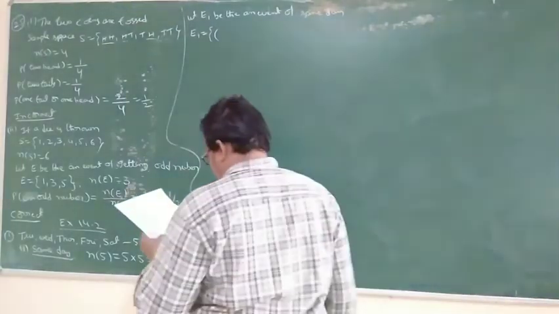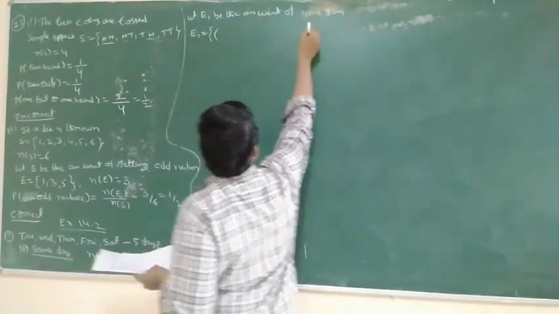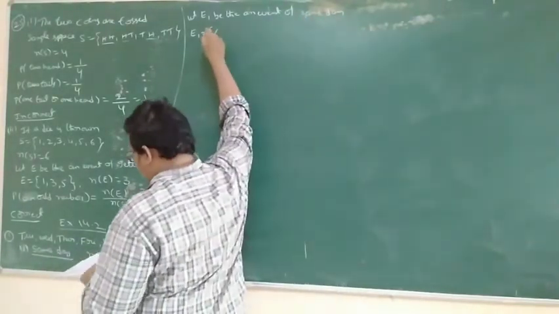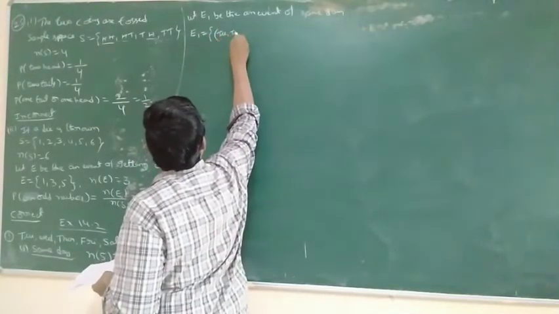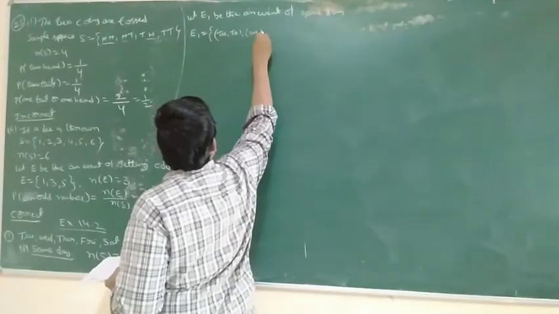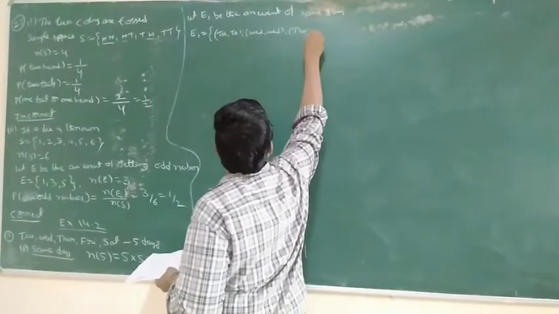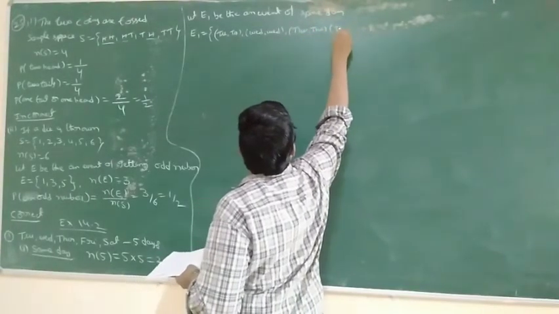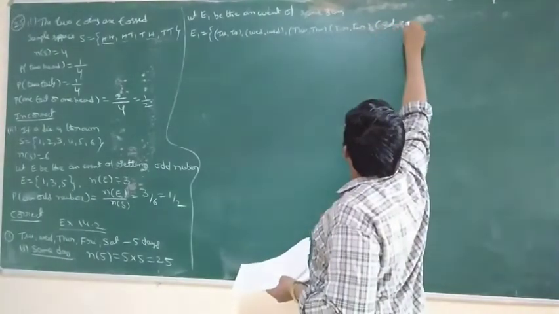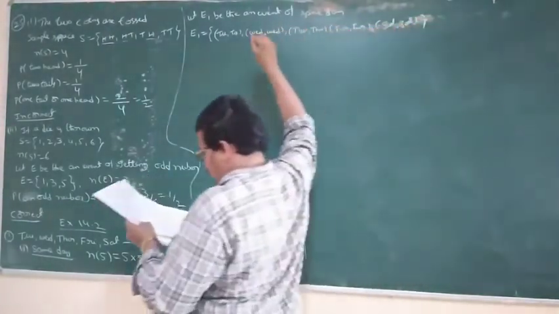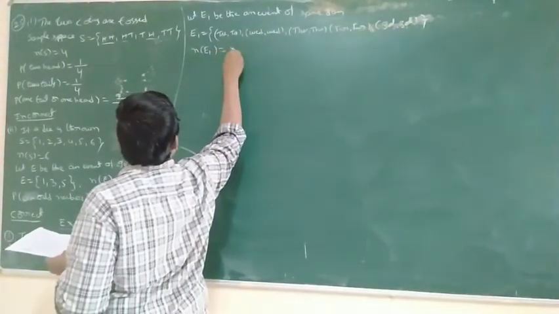So what does same day mean? Visiting the same day: Tuesday, Wednesday, Thursday, Friday, Saturday. So the number of E1 is equal to 5.